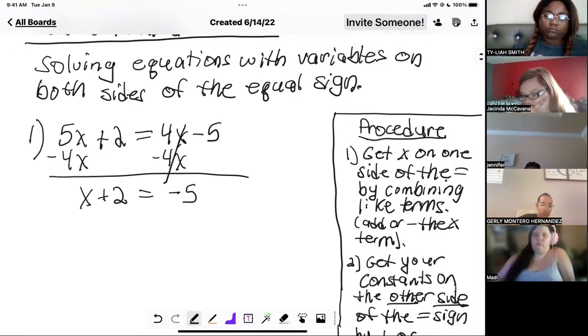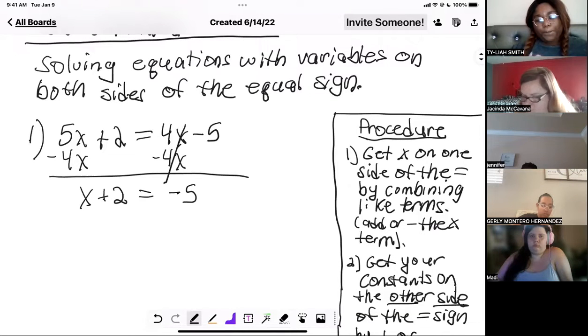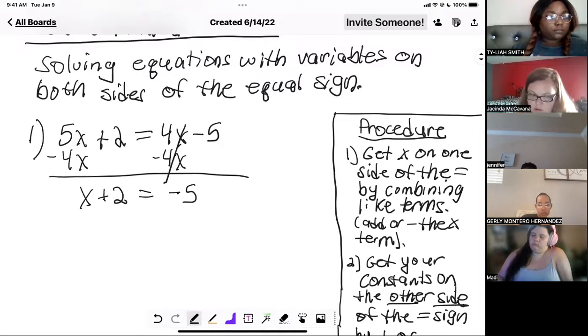I'm going to pause there for a minute. So we subtracted 4x so we can get x on one side of the equation. I simplify by combining like terms. So 5x minus 4x is x, and I bring down everything else. Now I am going to solve for x because now I'm going to move the constants. How do I move the constants? Well, I want them on the other side of the equal sign. I want this x here to be all by itself.